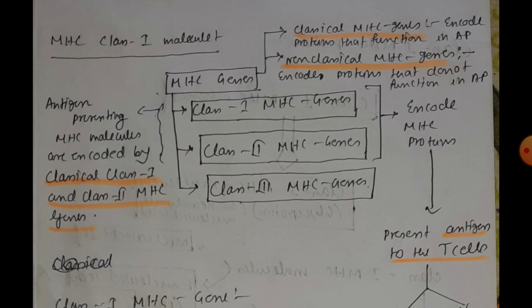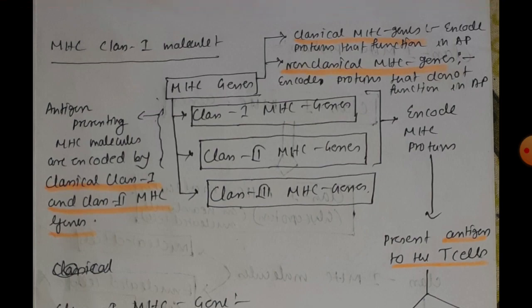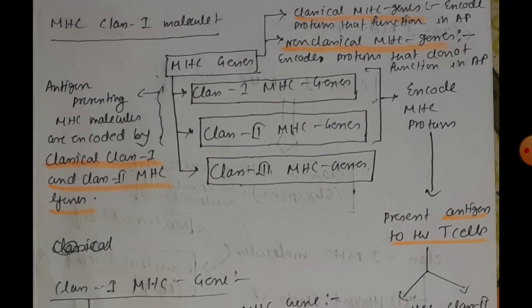Police will bring a good sketch artist, right, who will sketch the portrait of that gang member. Now that portrait will be sent to every police station, so that every police station can recognize that gang member, and whenever they find him, he will be imprisoned, right?